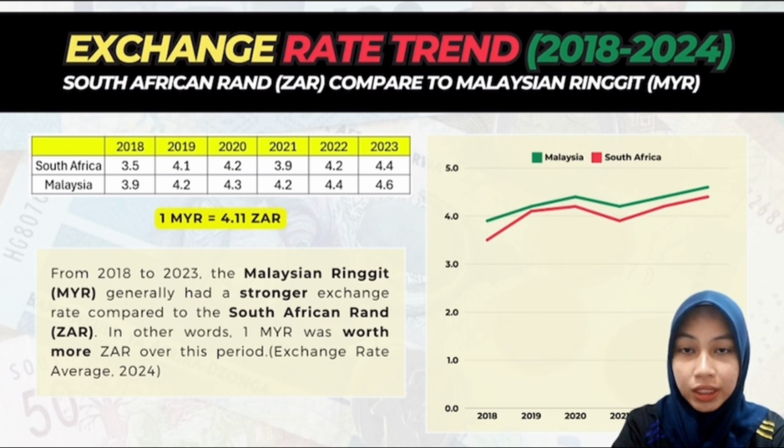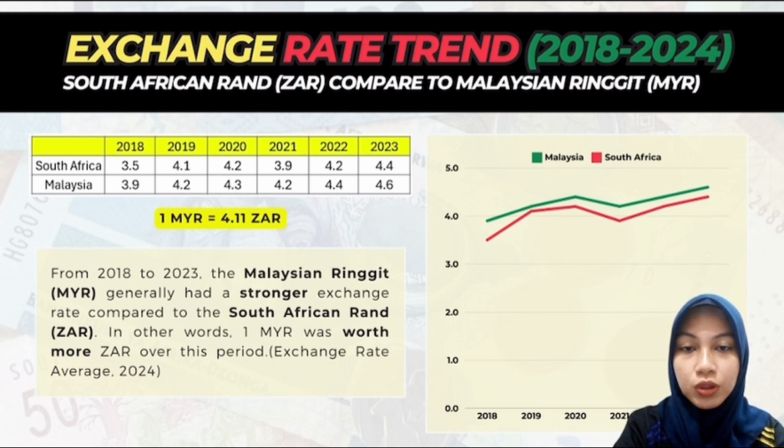In 2021, the ringgit weakened further, hovering around 4.2 Malaysian ringgit for most of the year. Then in 2022, the Malaysian ringgit depreciated significantly, with the rate reaching 4.4 Malaysian ringgit. And last, for 2023, the Malaysian ringgit kept weakening and reached around 4.6.